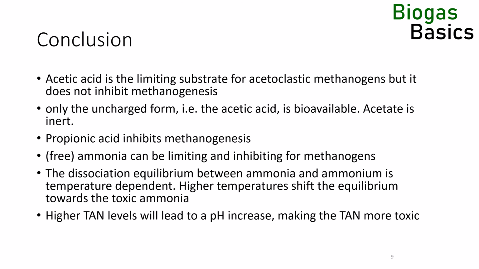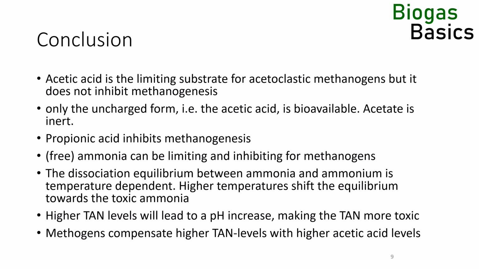Higher total ammonia-nitrogen concentrations lead to a higher pH, making the ammonia more toxic. When the methanogens are inhibited, they must tolerate more acetic acid in the digestate. Generally, if the pH deviates too much from the 7 to 8 window, it is a sign for process inhibitions, either by volatile fatty acids or by ammonia.